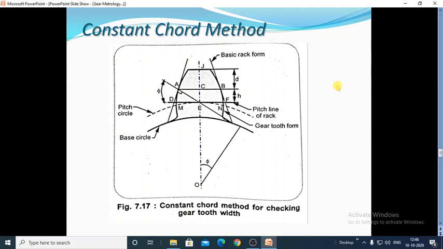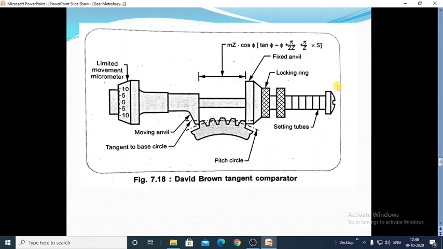And the next one is the David Brown tangent comparator. In this method of measurement of base tangent, the David Brown tangent comparator is also called the base tangent comparator.